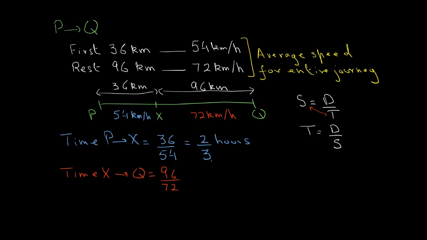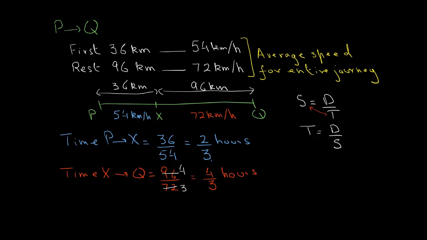I can divide by 24. When I divide by 24, I get 3 here and 4 here, because 24 fours are 96, and the answer is 4 over 3 hours.